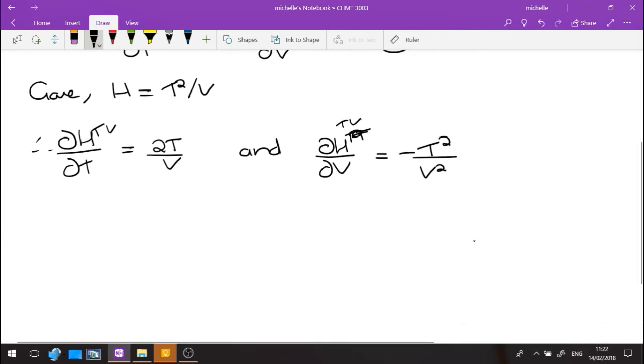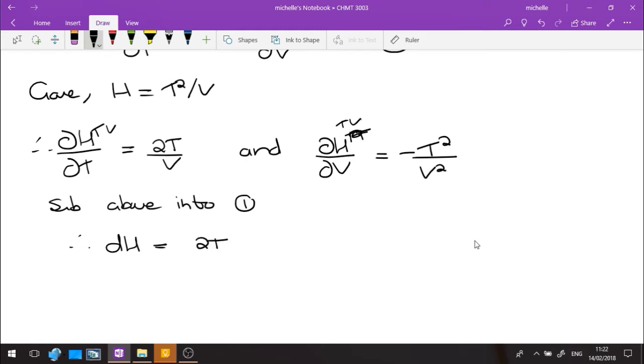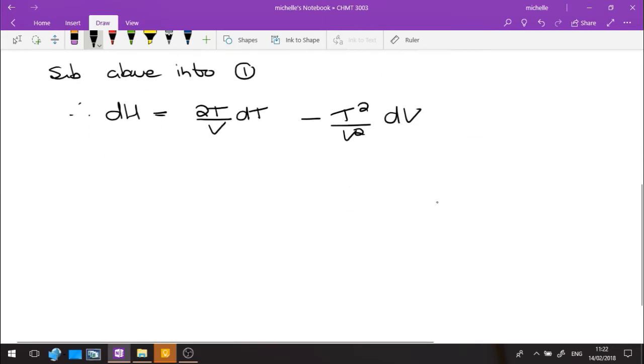Okay, I can substitute it in. Substitute the above into 1. Therefore, my dH is equal to 2T over V dT minus T squared over V squared dV. You go, oh, nice. And if I introduce integrals 1 to 2, I should be able to integrate both sides.